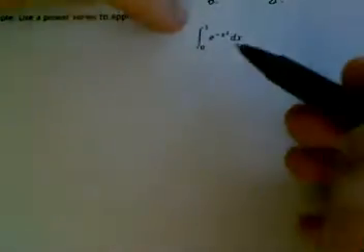Lastly, use the power series to approximate this. Okay, and I'm sorry, there should be an extra piece here. The power series we're going to be using here is, well, I'd go e to the x. Why would I use e to the x?